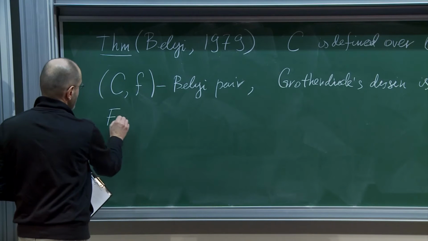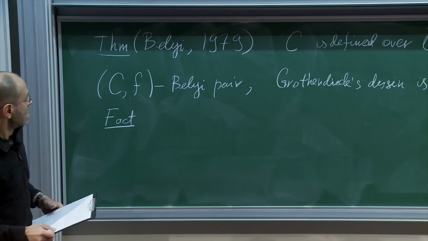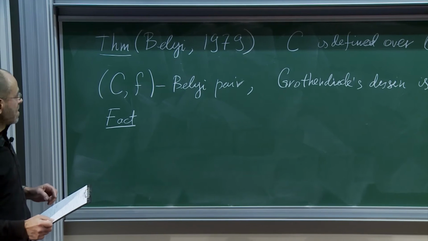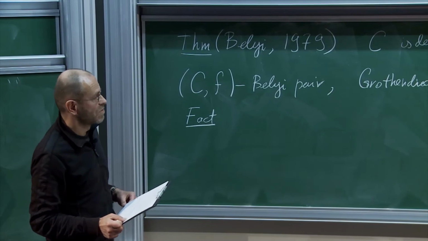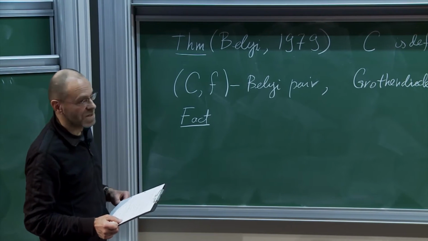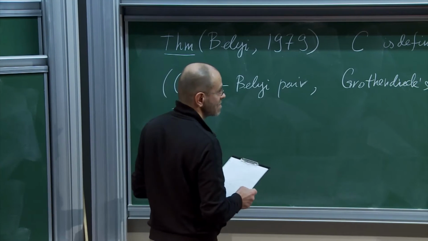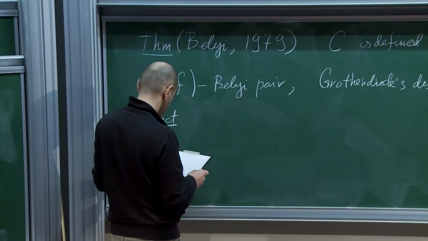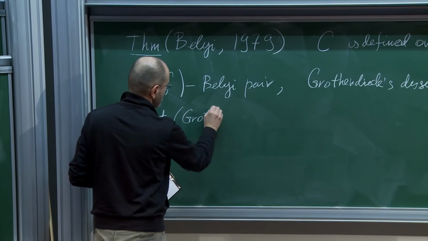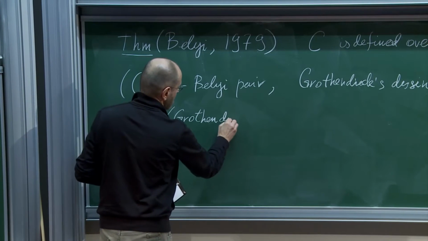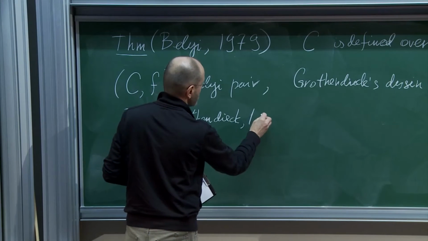And that's a simple observation by Grothendieck that isomorphism classes of Belyi pairs are in one-to-one correspondence with isomorphism classes of dessins. It was observed by Grothendieck soon after the Belyi paper appeared.